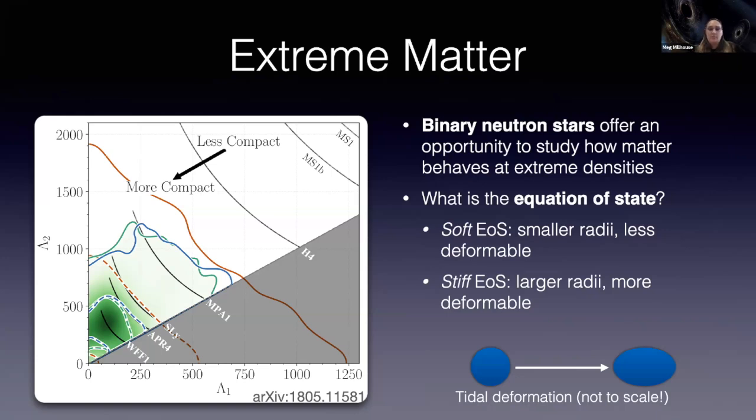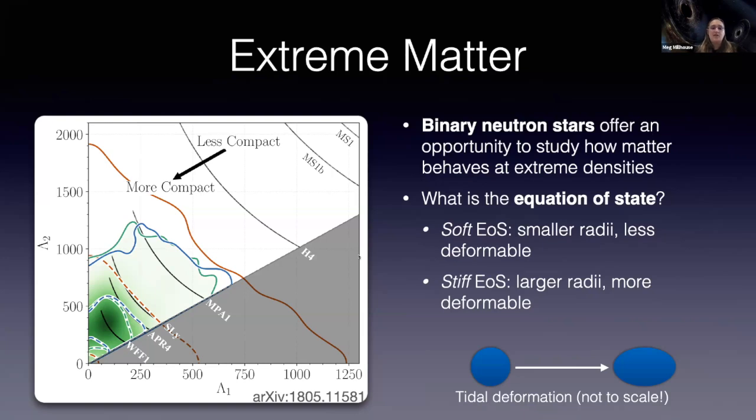When neutron stars merge, one of the properties that we can measure or constrain is this thing called the tidal deformability, which is basically a way of quantifying how much a neutron star can stretch into some non-spherical shape within the gravitational field of its companion. The LVK so far has seen two binary neutron star mergers, with one of them, GW170817, being very, very loud.